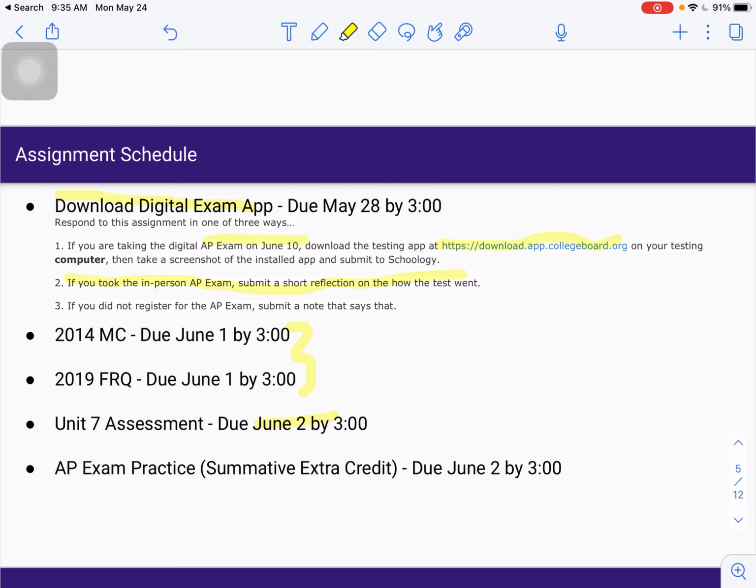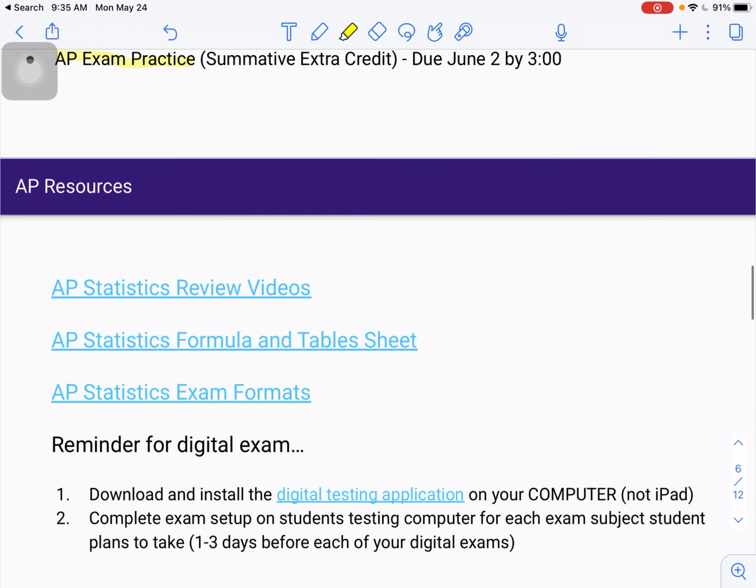I usually do some way at the end of the quarter to make up some summative points. There's just another set of practice problems that I want you to work on. Again, that's summative extra credit. You can get up to 5 summative extra credit points, and that's also due June 2nd by 3 o'clock. So that's the assignment schedule.